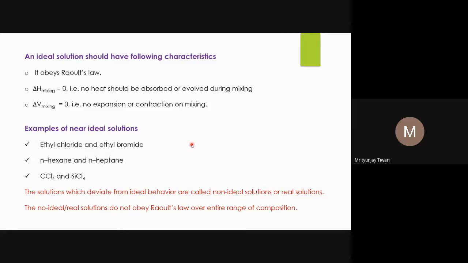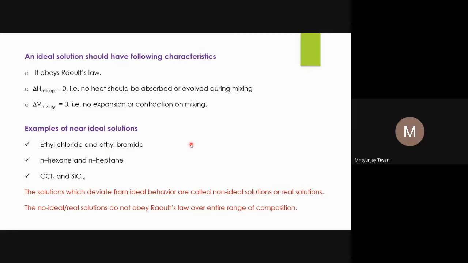As I said earlier, if you mix two different substances, the interaction between the two different substances is never going to be exactly equal to the sum of their individual interactions. Suppose you are mixing ethyl chloride and ethyl bromide.